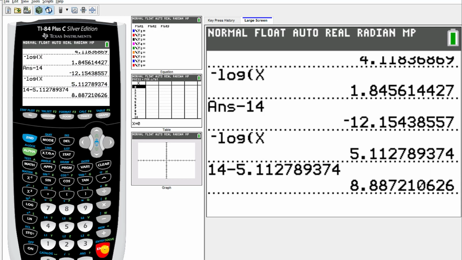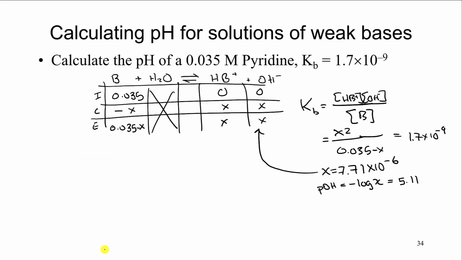And that becomes 8.89, so 8.9. Again, that's calculating the pH for a solution of a weak base. Very similar to a weak acid. It's just this one additional step where you're calculating pOH instead of pH.